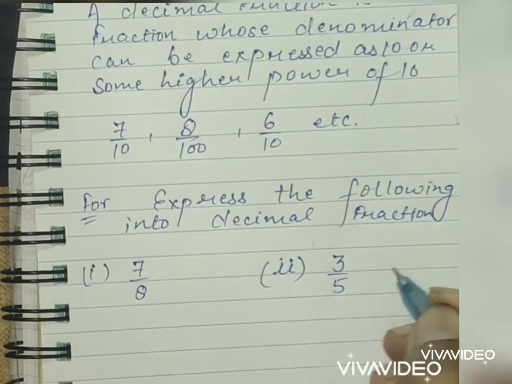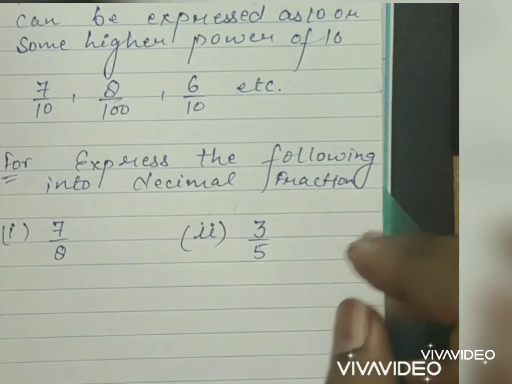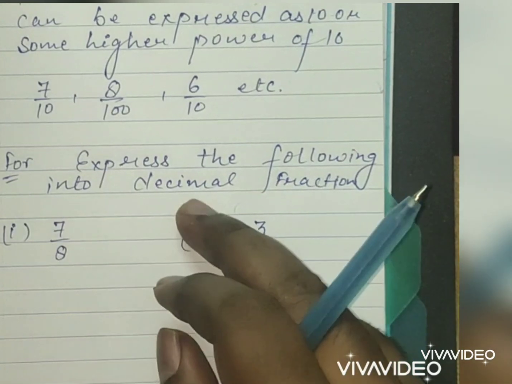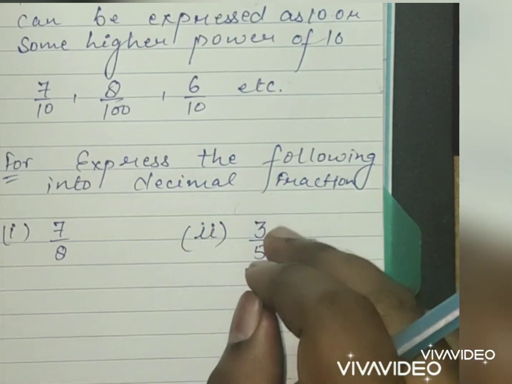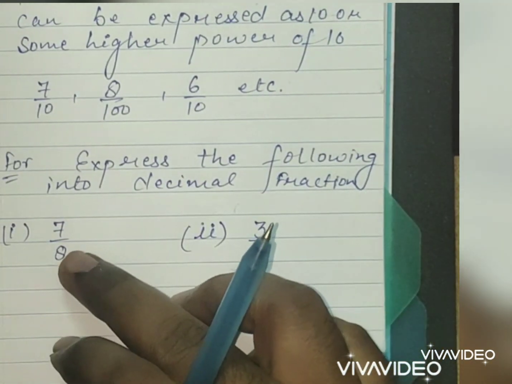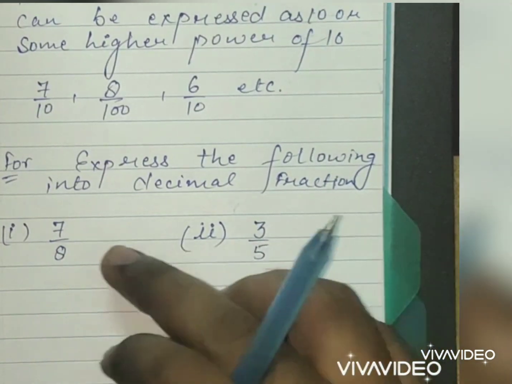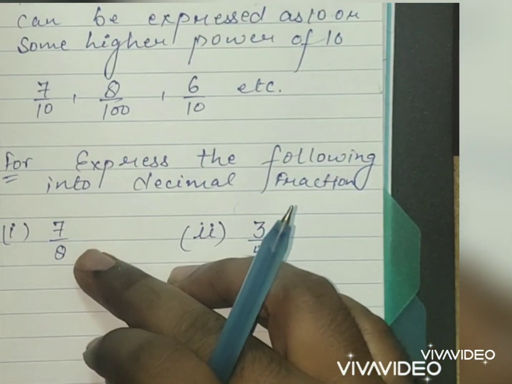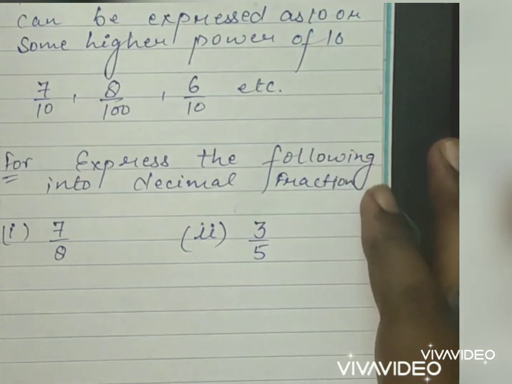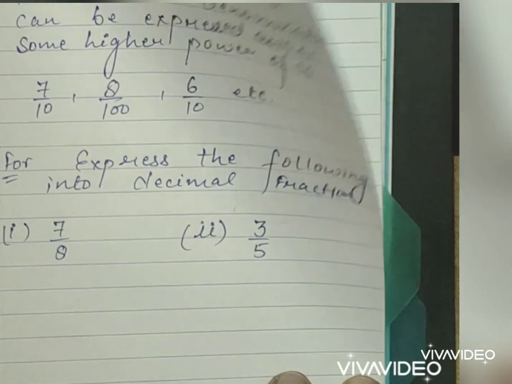See, the question is asking to express the following fractions into decimal fractions. So you have to convert the denominators of these two fractions into 10 or a higher power of 10. So let's see how to do it.